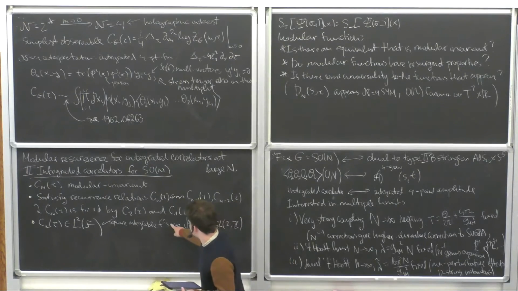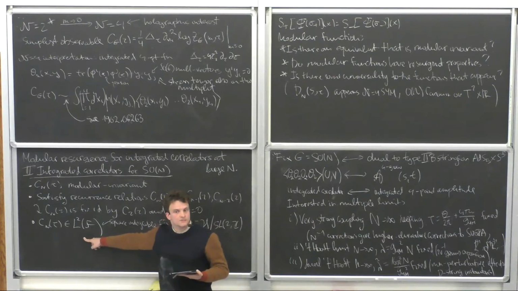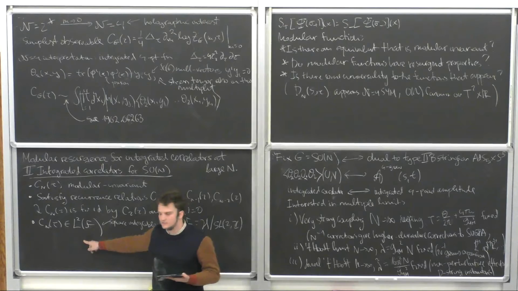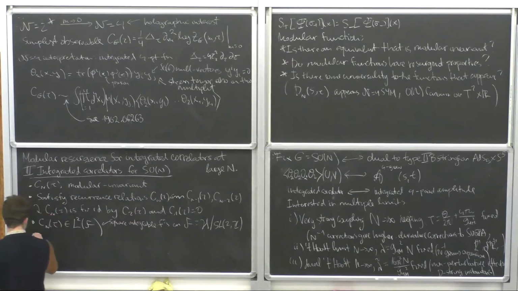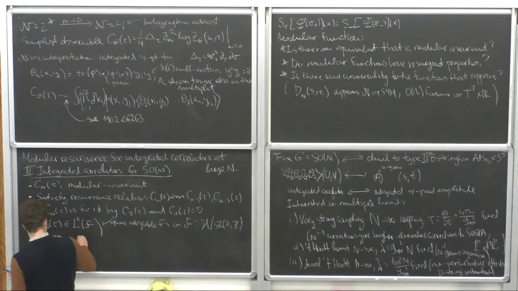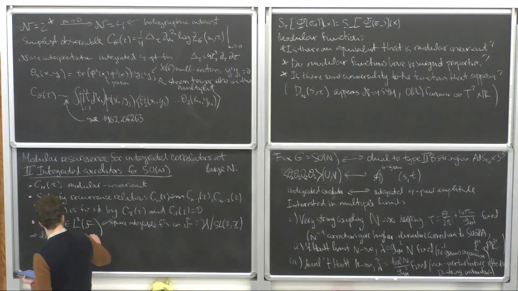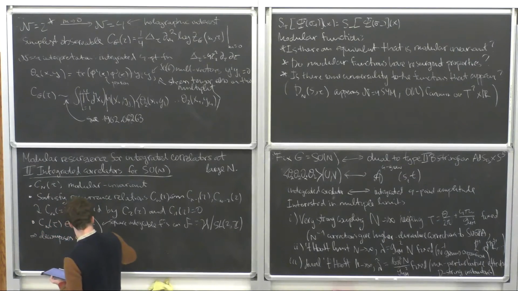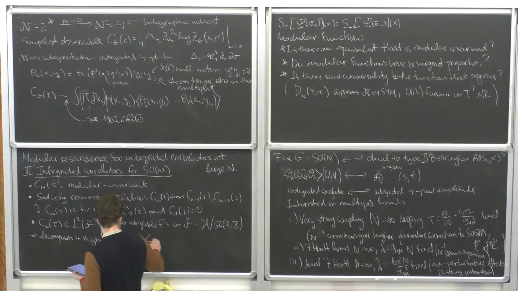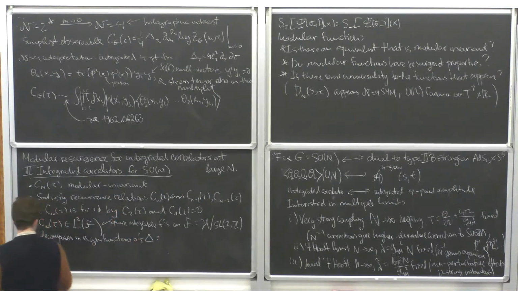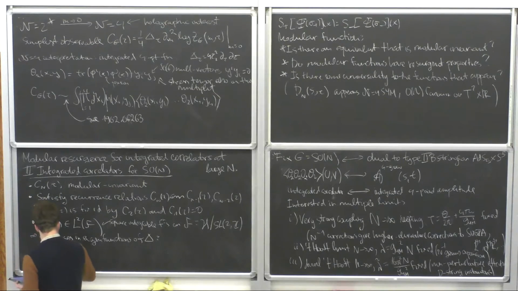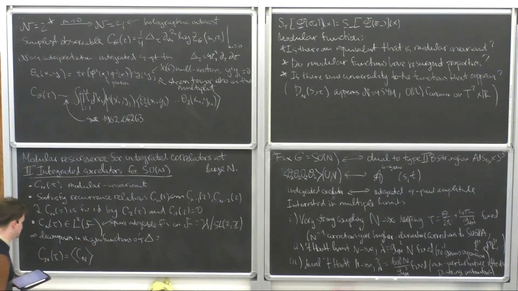But in particular, because it lives in this space, we can decompose it in terms of the eigenfunctions of the Laplacian, Delta, which tells me I can write it as a sum of three different terms. So the first one is just the overlap with the constant functions. This is just a number.